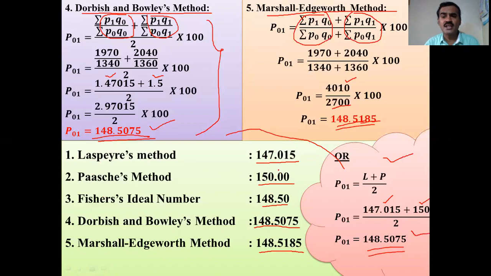If you find the answer like 147 in the Laspeyres method, and in the Paasche method you find 300 or 400, then you feel that you have made a mistake while solving the problem. Then you have to check where you made the mistake.